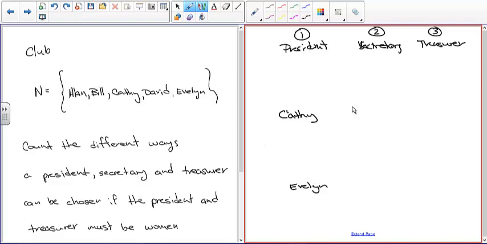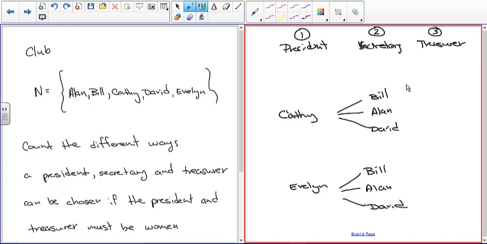So when we choose a secretary, it's going to have to be a man, or we're not going to have enough people to do it. So what we have, instead of 2 options here, we have 3 options. We have Bill, Alan. I should have done alphabetically, but it doesn't really matter. David. Likewise, if we choose Evelyn, the choices we have are Bill, Alan, and David.